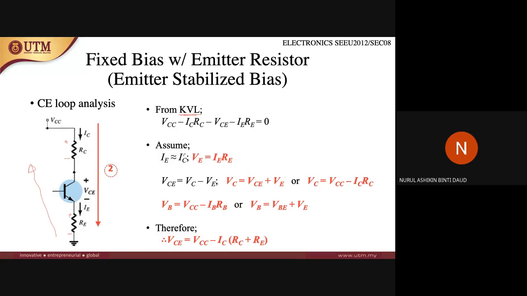All right, we need to assume that IE, the current that flows at the emitter, is approximately the same as the current flowing at the collector. Actually there is a resistor there, but the value is very small.